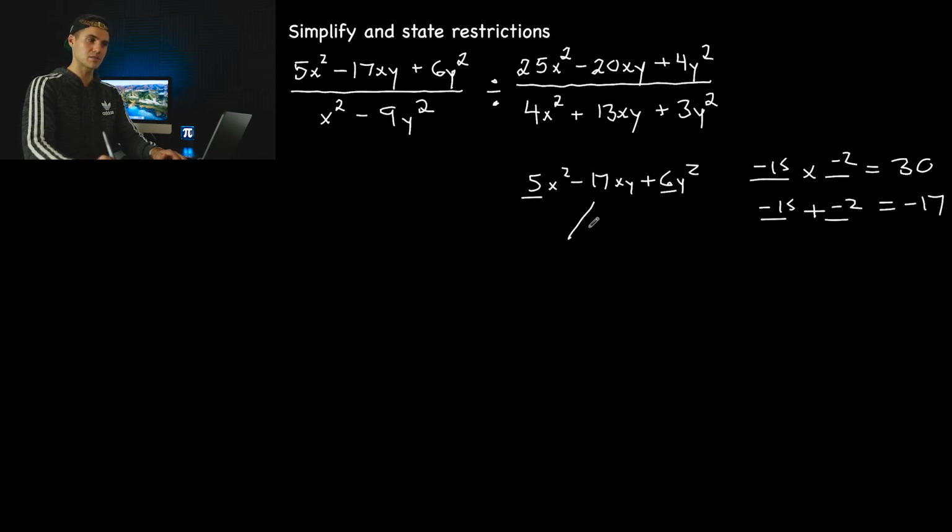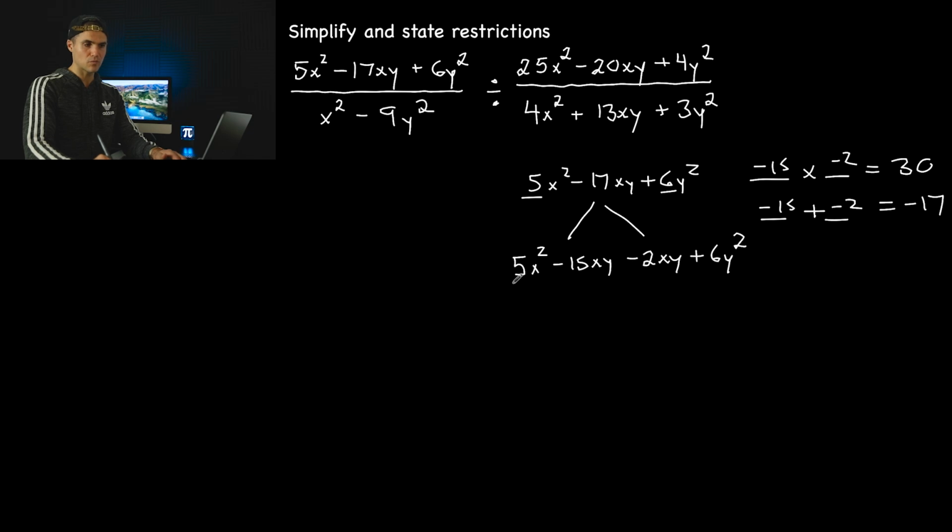So what I'm going to do now is I'm going to decompose that middle term, the negative 17xy, into these two numbers. So minus 15xy minus 2xy plus 6y squared, like that, right? Just took that middle term, made it into these two terms right here, right? I decomposed it. That's where the name decomposition comes from.